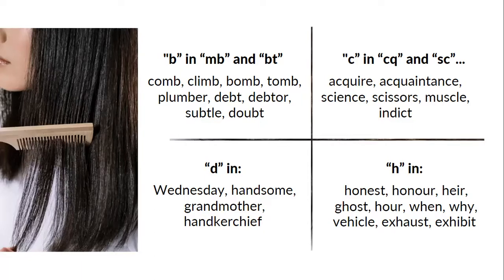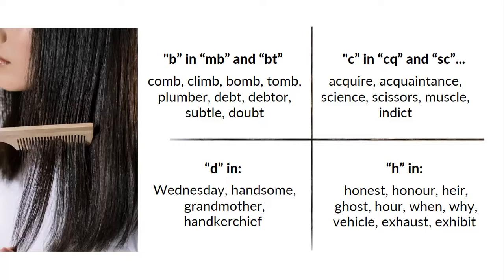In doubtful, you're only adding a suffix, so the B would still be silent. But I don't want you to think that whenever I have MB, the B will be silent, because combination comes from combine. Combine is a word on its own. You don't have the MB ending the word. It's a part of the word, so the B wouldn't be silent.